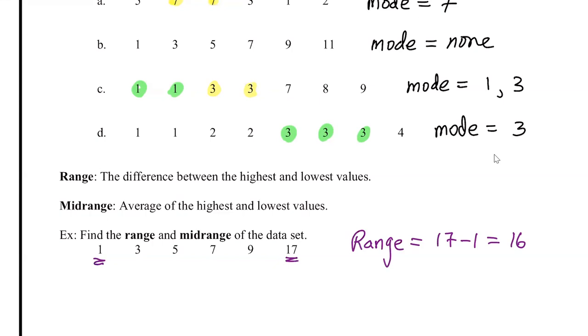So that's the range, all right? But when it comes to mid-range, it's the average of the highest and lowest values. So the mid-range is 1 plus 17, or 17 plus 1, it doesn't matter, divided by 2. So that's 18 divided by 2, which is going to be 9.